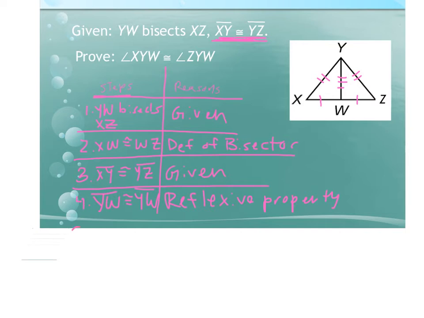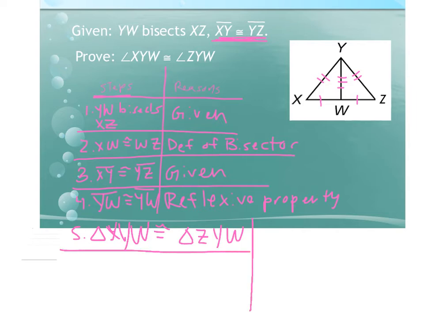So step 5 is triangle XYW is congruent to triangle ZYW. And what's our reason? SSS.